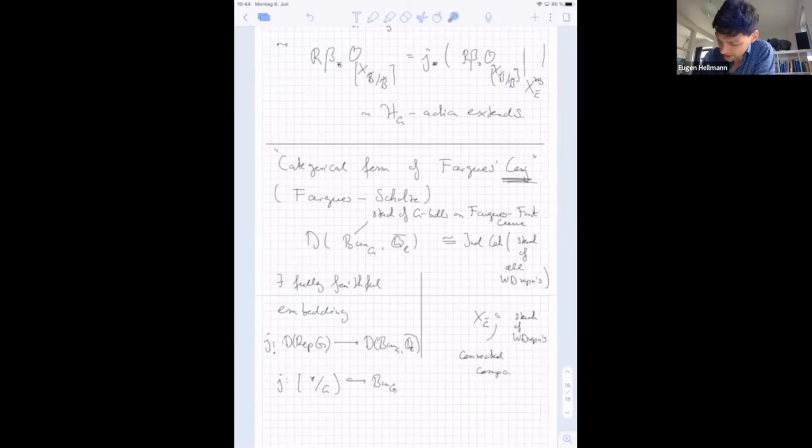And you can identify representations with Q_l bar sheaves on here. So in particular, you see that this would stay inside of one connected component. It's just the j lower shriek of something. So these sheaves are really just supported on one connected component. But the representation will move them.